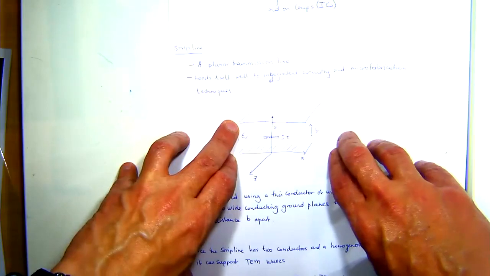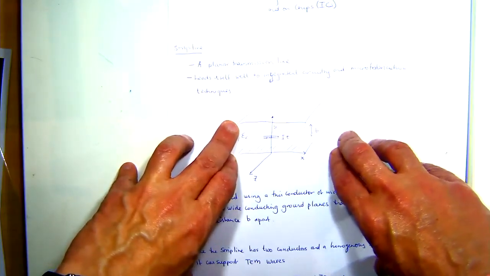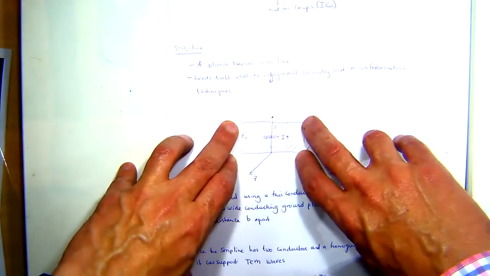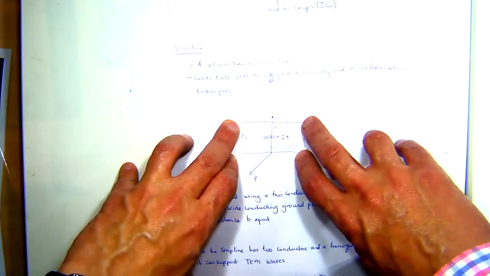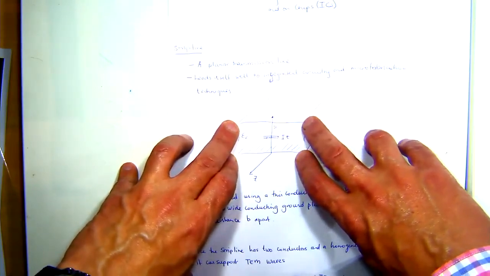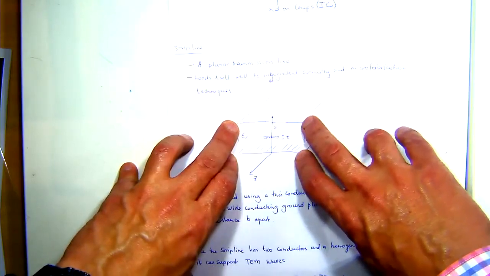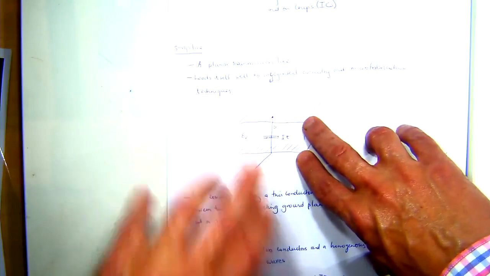Now, it can also support other types of modes, but usually what you do is, if the thickness is less than a quarter of a wavelength, or you actually add shorting pins or ground vias between the ground planes, you can actually stop transverse electric or transverse magnetic only modes from propagating.